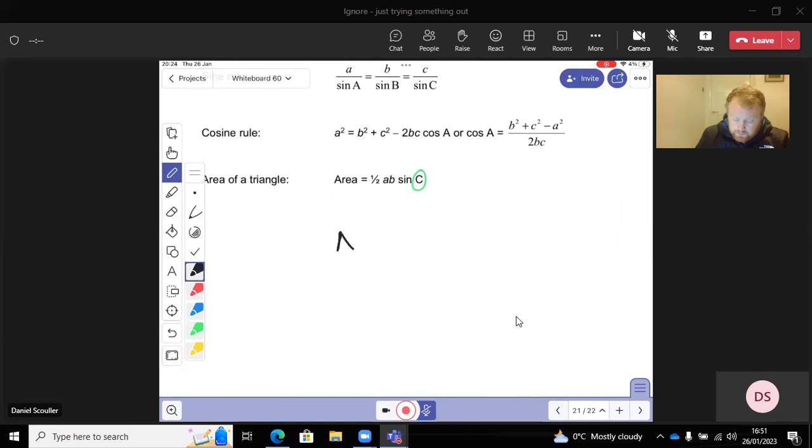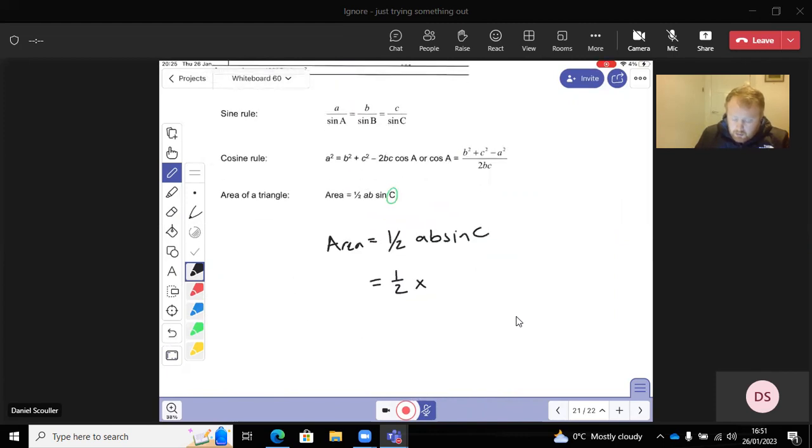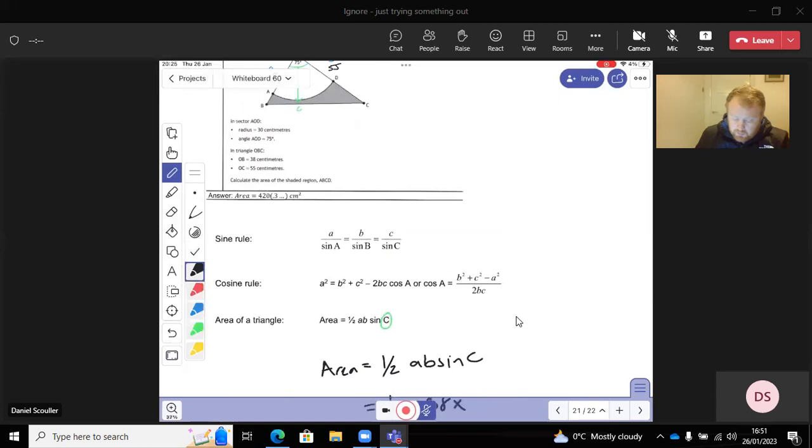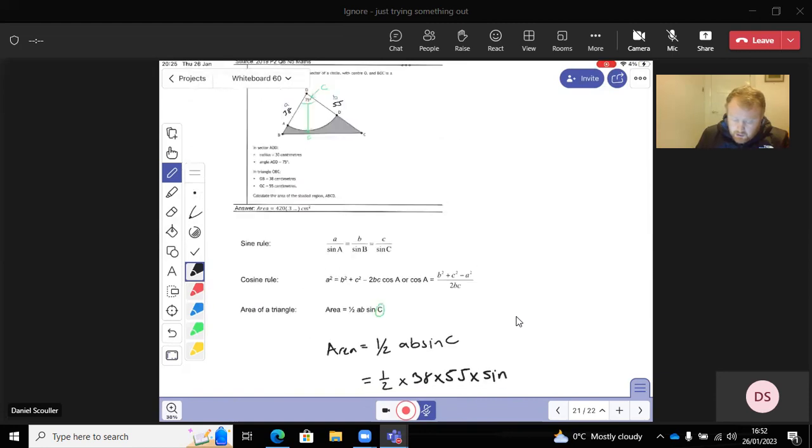So area equals half AB sine C: half multiplied by A, which I said was 38, multiplied by B, which is 55, multiplied by sine of the angle, which is 75.